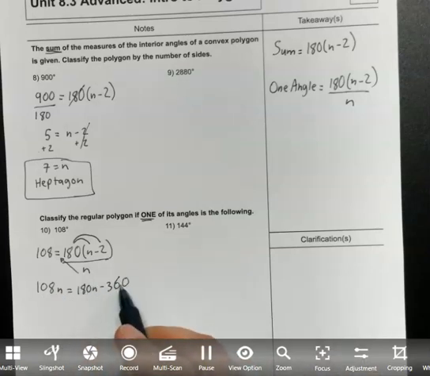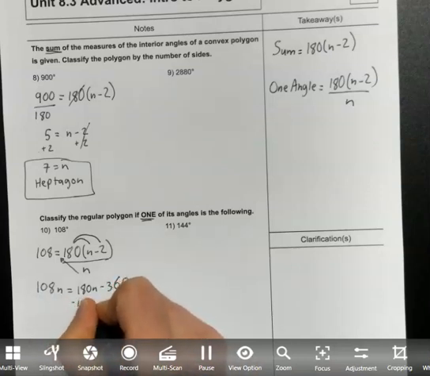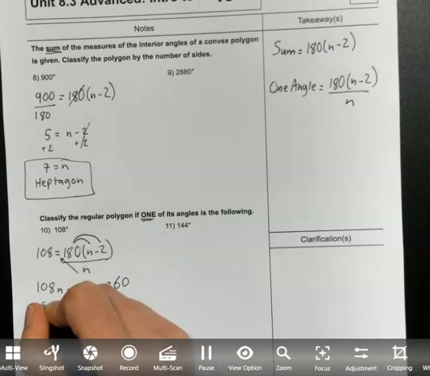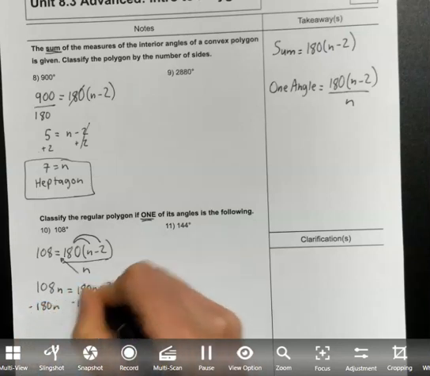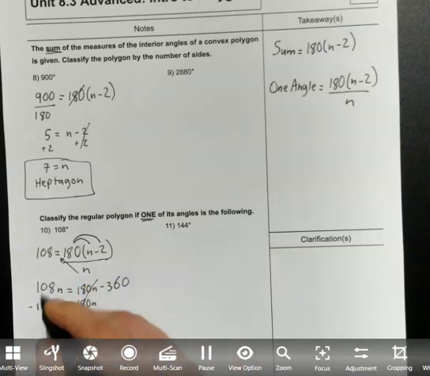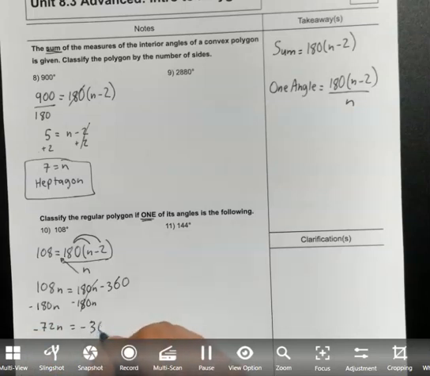So numbers without n is already here, so I'm going to move this 180n to the other side. So I'm going to subtract 180n from both sides. Cross that out. So now we have 108 minus 180n, and I'd get negative 72n equals negative 360.